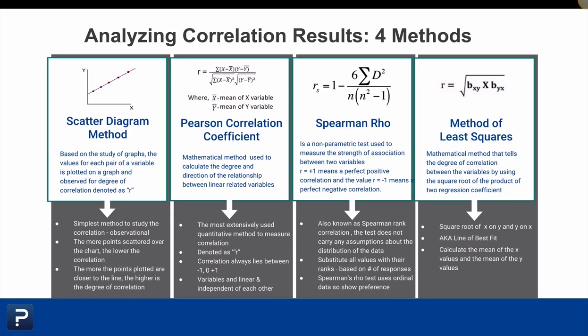And the test does not carry any assumptions about the distribution of the data, and it substitutes all values with their ranks, based on the number of responses. And we actually do that in the back end. The Spearman-Rowe test uses ordinal data to show preferences. When you get the data from the back end, generally everyone thinks it has to be a rank order question in order for this to give you a decent output.